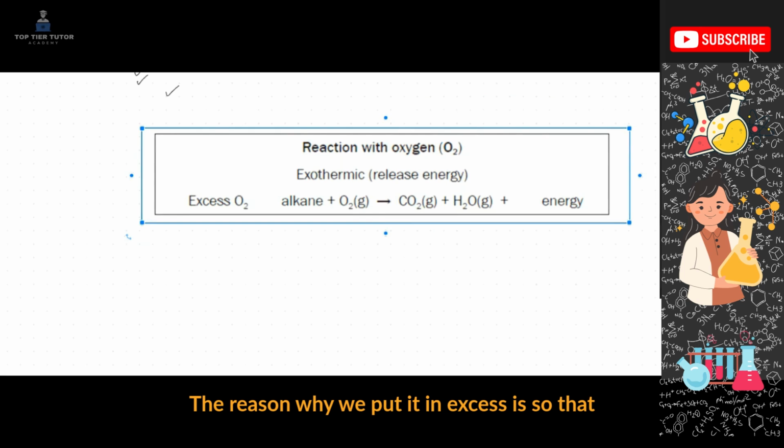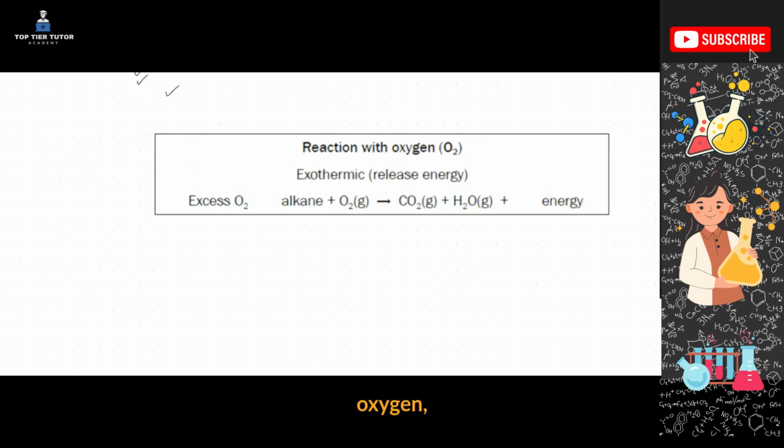The reason why we put it in excess is so that all of the alkanes can react, and not only that, we want to produce carbon dioxide instead of carbon monoxide, because carbon monoxide is more dangerous than carbon dioxide. So we're going to give it excess oxygen, and we're going to produce carbon dioxide plus water and energy. A good example of this would be burning wood.